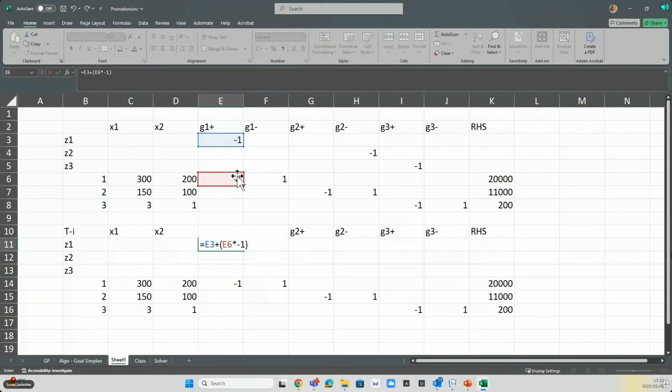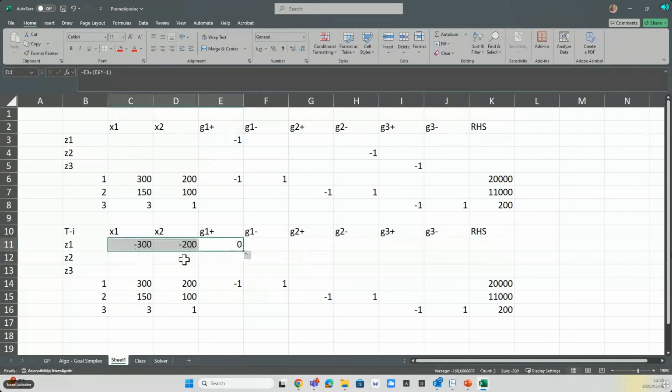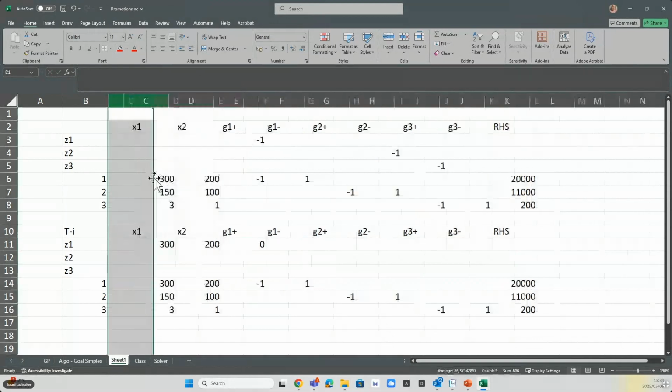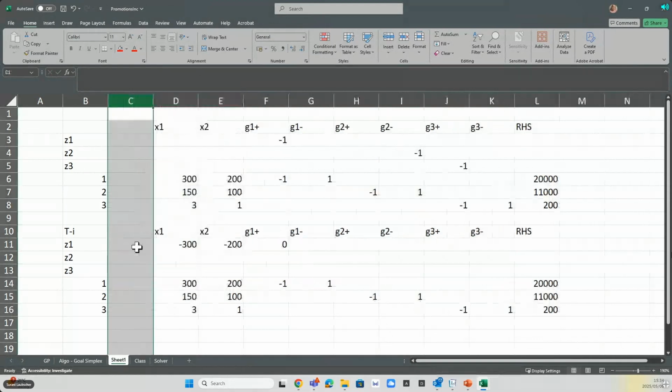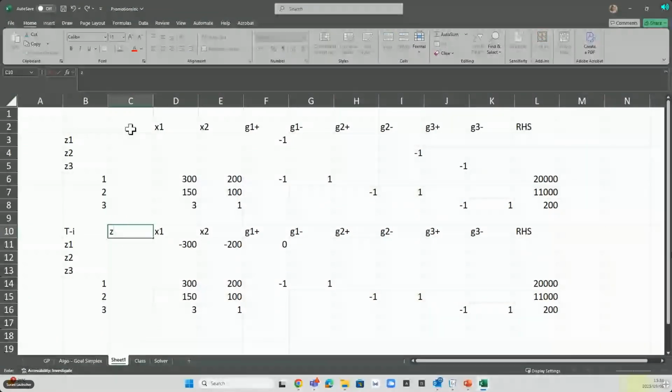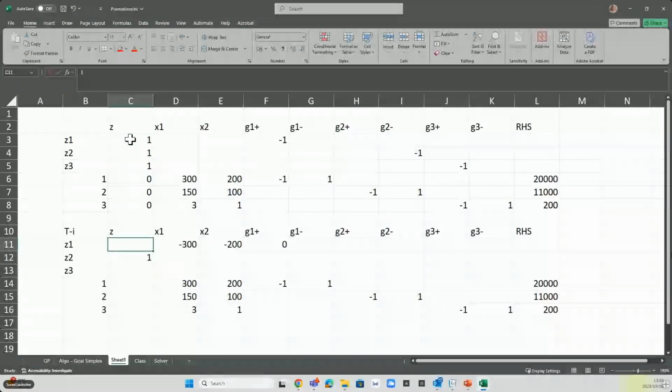Okay. Now, what was my problem with this one? Let me drag so that you can see it. What's the problem? Minuses. I'm not happy about that, right? I'm going to put my Z inside as well because it helps. It's very useful in goal programming. Why was it minuses? Just remember what your goals were.